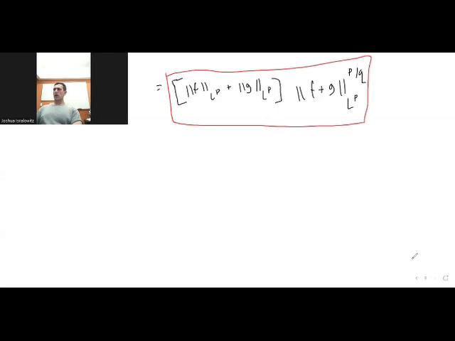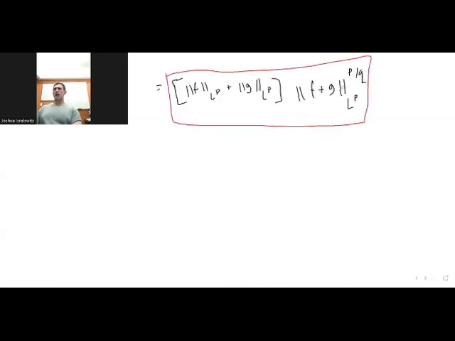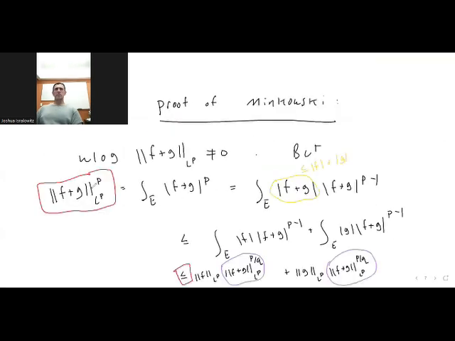So what I need to estimate, what I want to estimate to the P is less than or equal to this times what I want to estimate to the P over Q. Okay. So I can divide by this because it is not equal to 0. We assumed this is not 0. So I can divide by it. And that just subtracts a p over q from the exponent of p here.